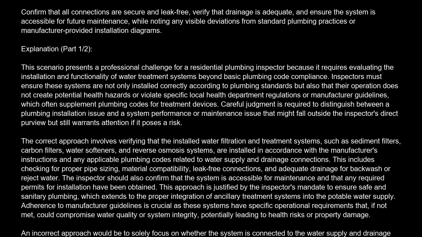Adherence to manufacturer guidelines is crucial as these systems have specific operational requirements that, if not met, could compromise water quality or system integrity, potentially leading to health risks or property damage. An incorrect approach would be to solely focus on whether the system is connected to the water supply and drainage, without verifying the integrity of the connections or adherence to manufacturer specifications.